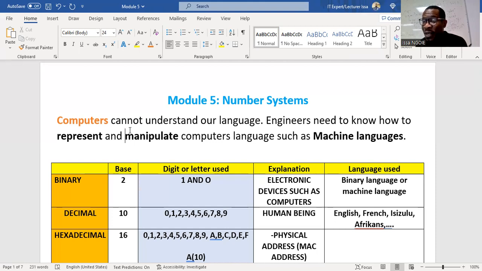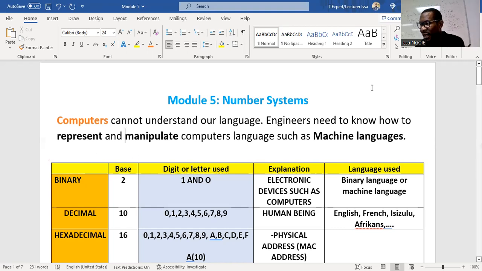You have to understand which language your computers, your switches, your routers will use, and how they are going to manipulate those languages, right? This is what we are going to do.